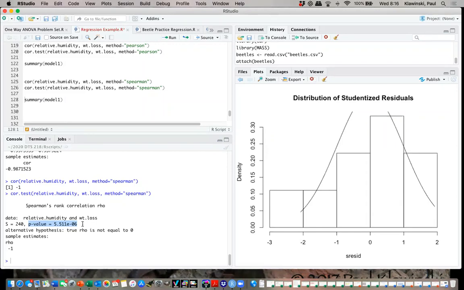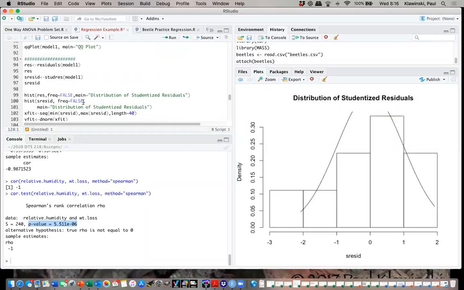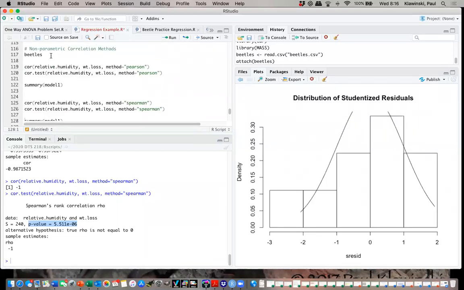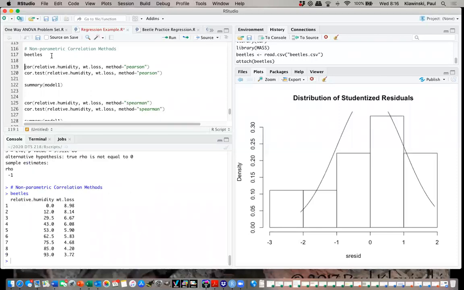So once again, almost anything that you can do by hand, you can do in R as well, and much quicker. And if you wanted to be fancy about all of this, you could actually go back to the original data frame, which is Beatles, and you could actually have R rank relative humidity and create a column for that.